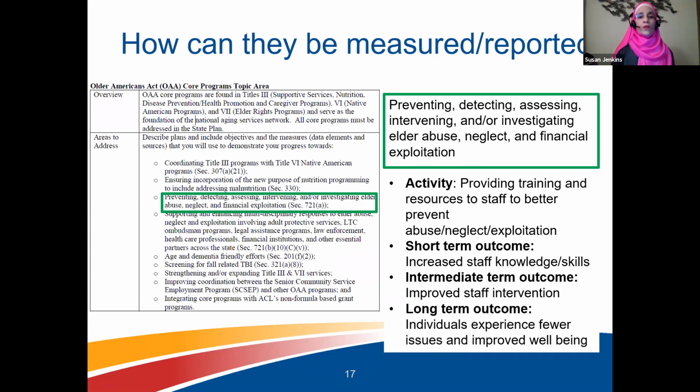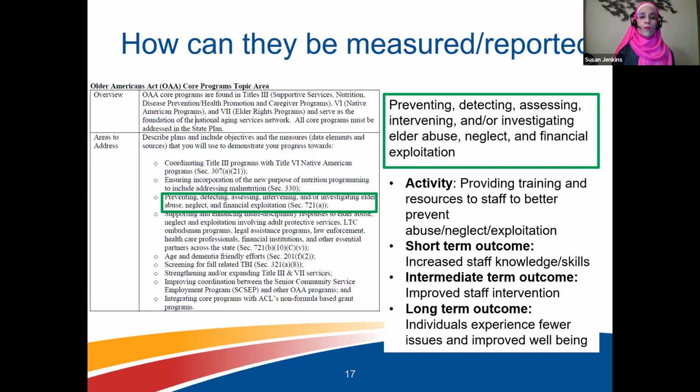So one of your activities could be providing training and resources to staff to better prevent abuse, neglect, and exploitation. A relevant short-term outcome, and these would be in the organizational category, not the individual category which we had been focused on, is increased staff knowledge or skills.